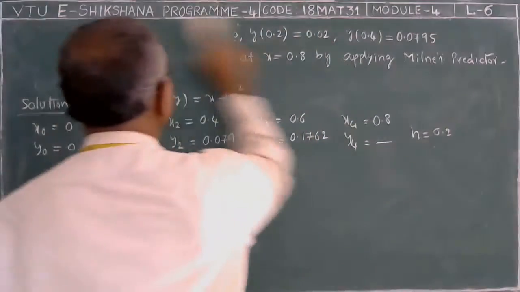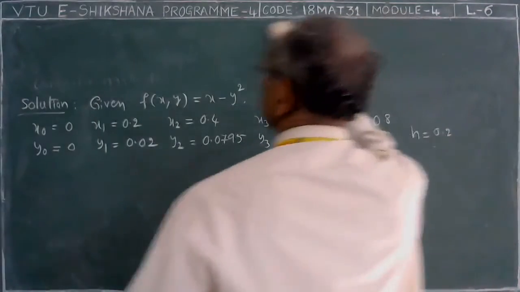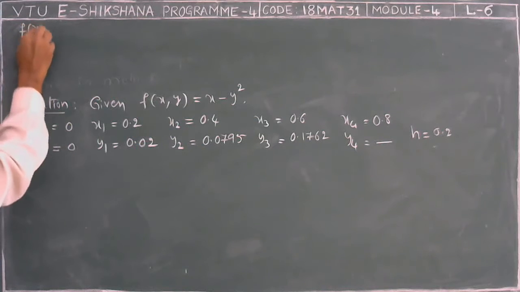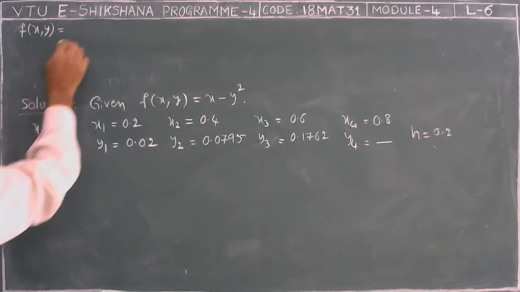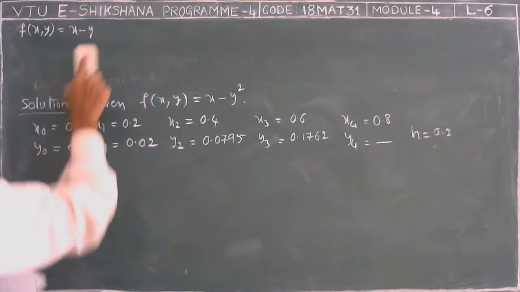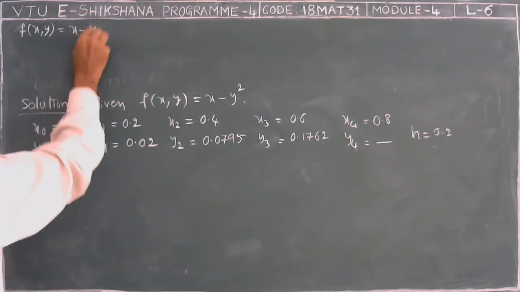Now let me read out the data here. f of x comma y is x minus y squared.